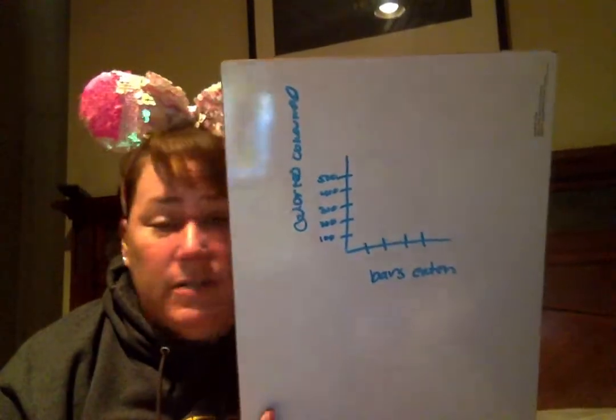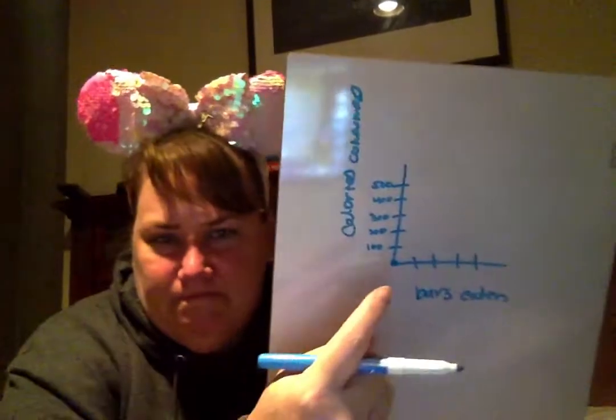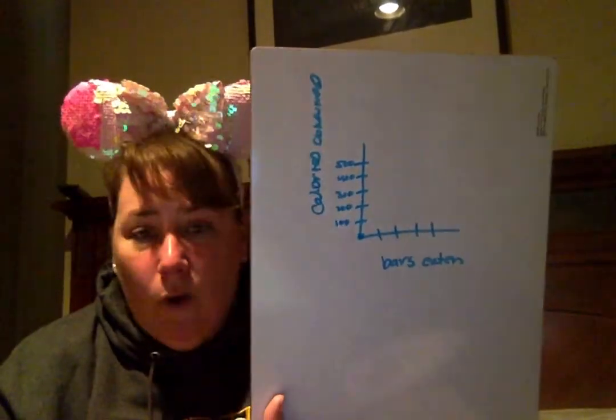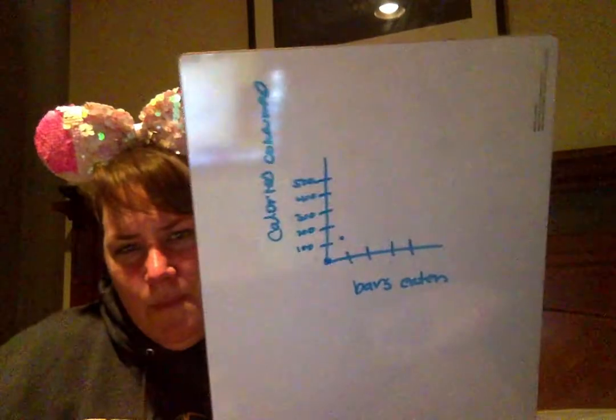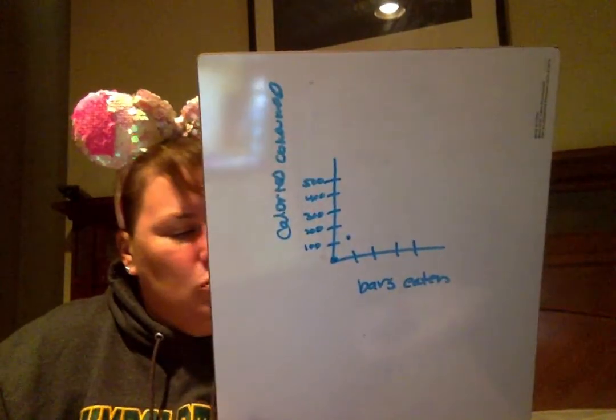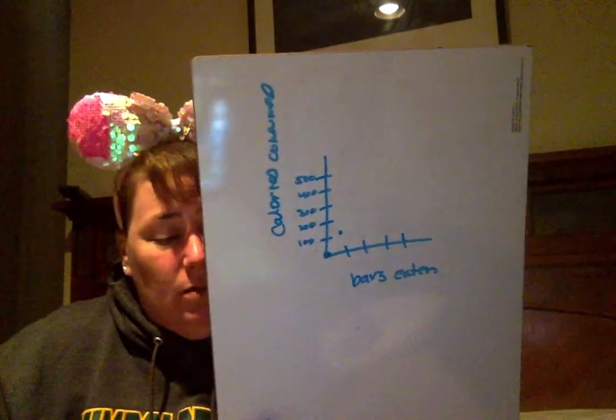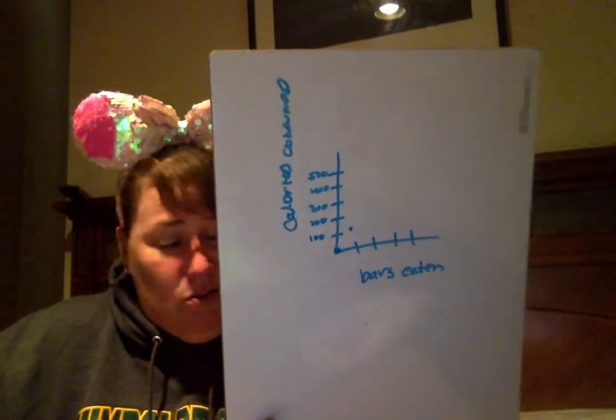So you're going to plot these points. 0, 0. 0 bars, you have a total of 0 calories consumed. There we go. 1 bar is 130, so 1 up like a third of the way. 2 bars is 260, so basically kind of in the middle between 200 and 300.